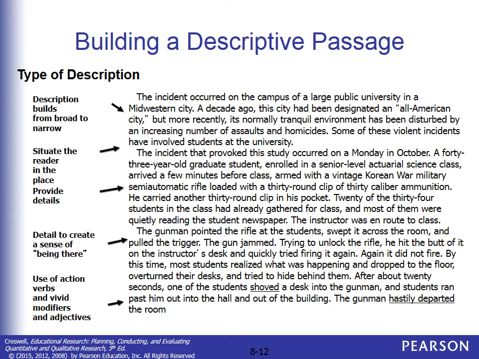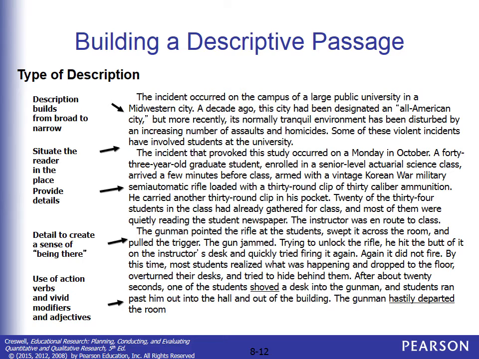And when you're writing a descriptive passage, you want to situate the reader in the place of the context as if the reader can see what's going on and feel as if they're there at the scene.